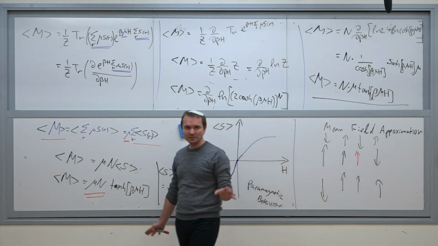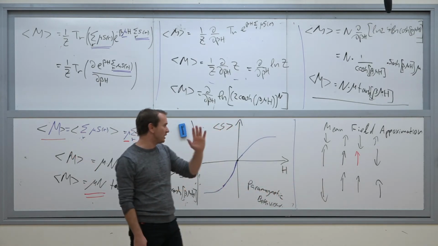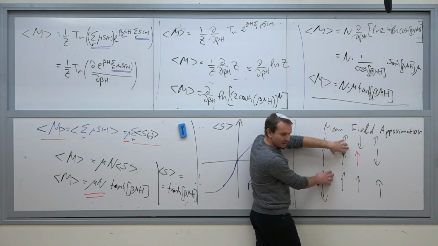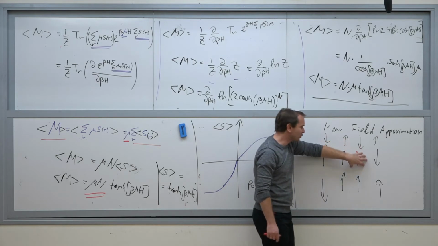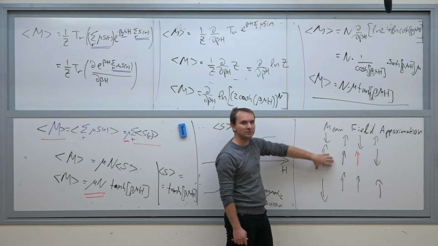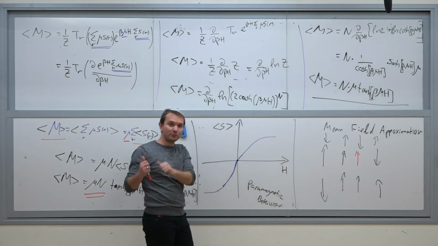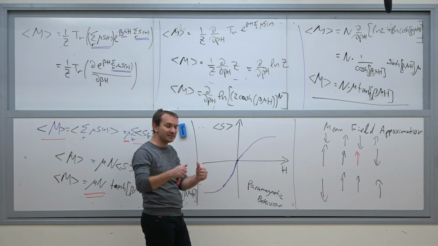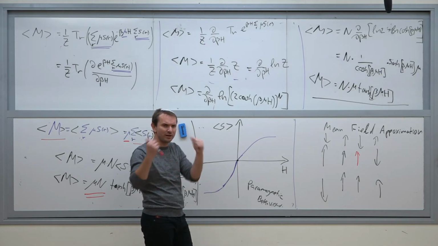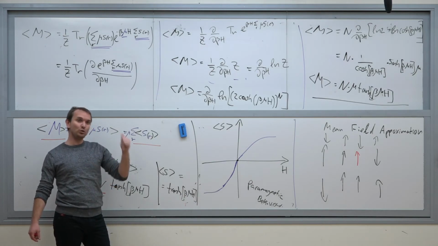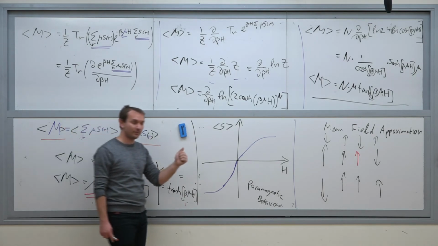Now, since everything looks the same, the average value of everybody is independent of their position, so this constant field is going to be exactly the same for this particle, and this particle, and this particle, and this particle. So I'm taking interactions, replacing them for each particle by an effective field, and then this field is exactly the same for everybody, so I'm going back to the non-interacting picture. By doing so, I would be able to solve everything.